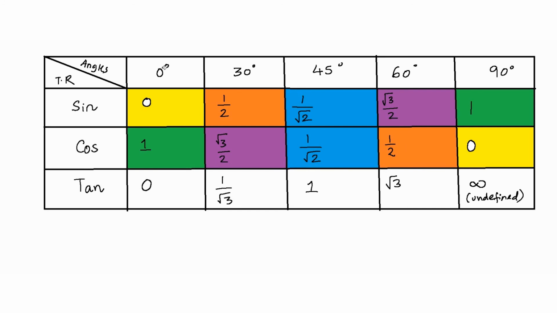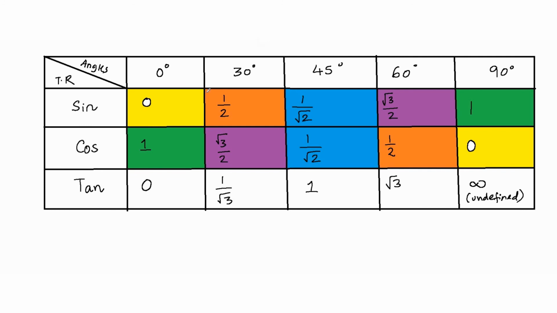You will notice that the trigonometric ratios sine and cos are exactly swapped, meaning sine 0 is cos 90, sine 30 is cos 60, sine 45 is cos 45, sine 60 is cos 30, and sine 90 is cos 0, right? So if you can remember sine, then you can definitely remember cos because it is just read in the opposite direction.